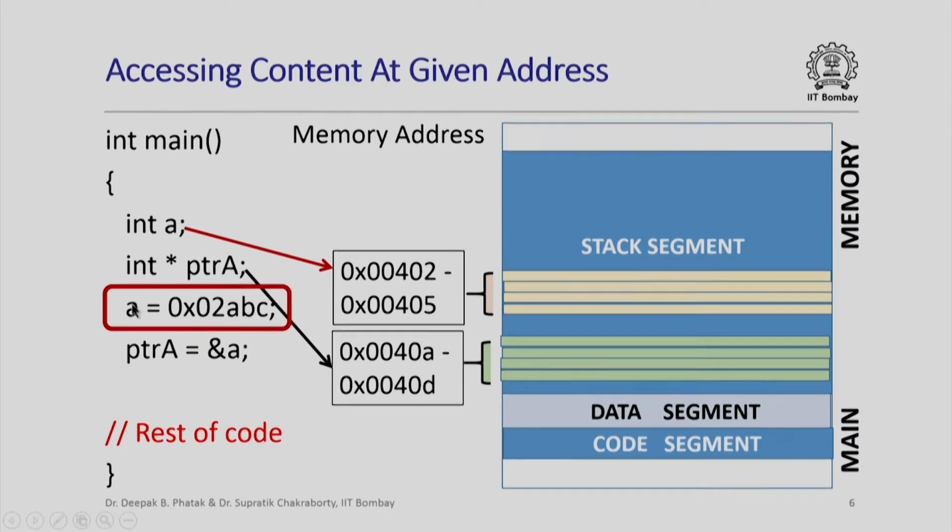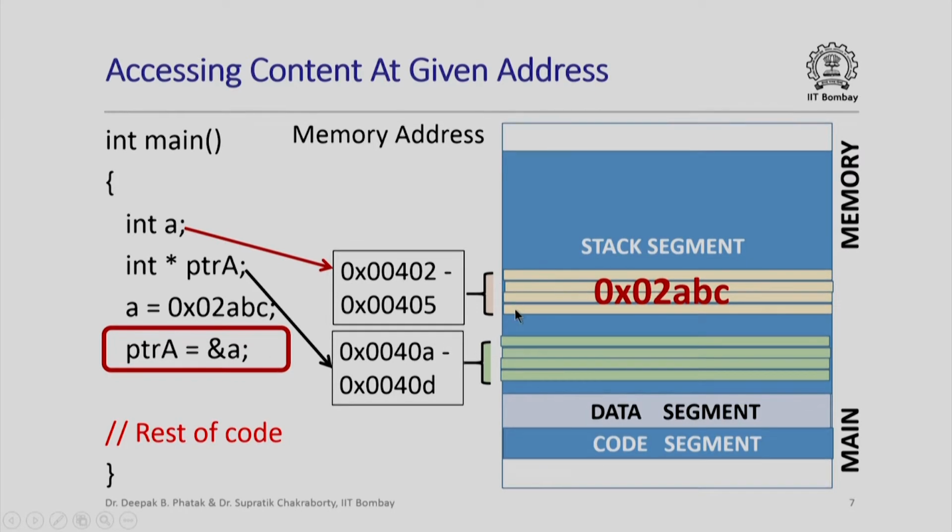Now when I execute the statement a = hex 02ABC, what is going to happen? In the memory locations reserved for the variable a, this value is going to get copied. So that is what I will see over there. After that, when I try to execute the statement pointer a = &a, what is going to happen? I am first going to find out the address of the memory locations corresponding to the variable a.